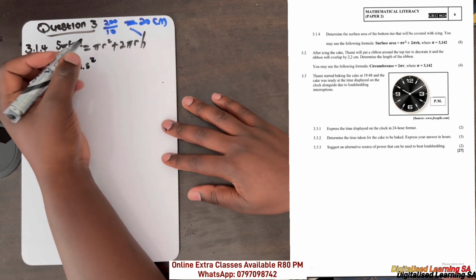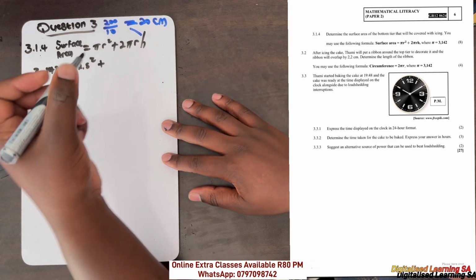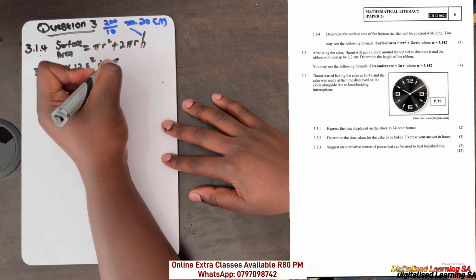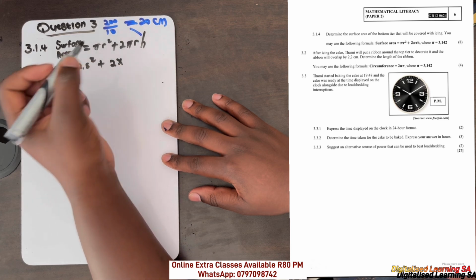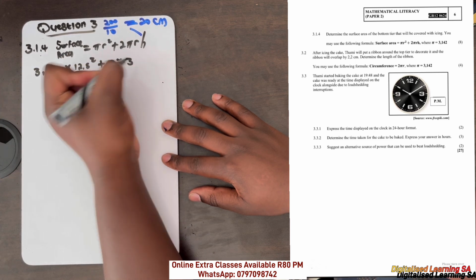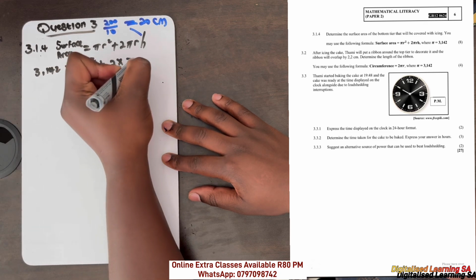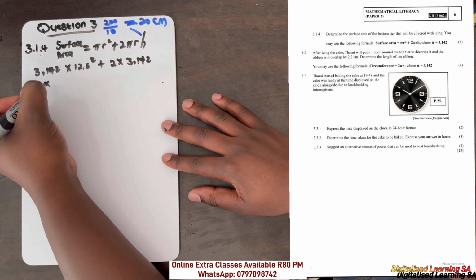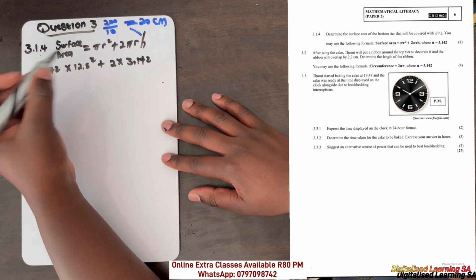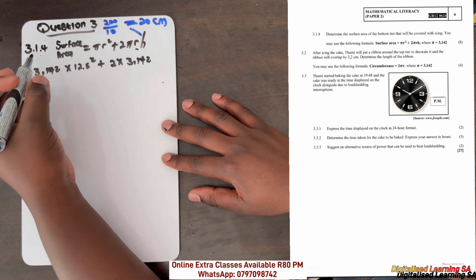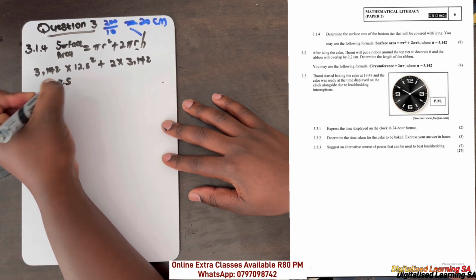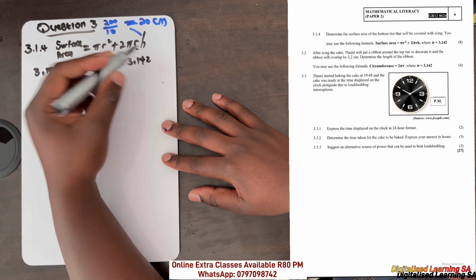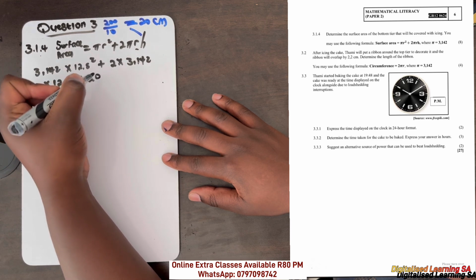Then we have a plus sign, so we say plus 2 multiplied by our pi, which is 3.142, multiplied by our r, which is 12.5, and then multiplied by our height, which is 20.